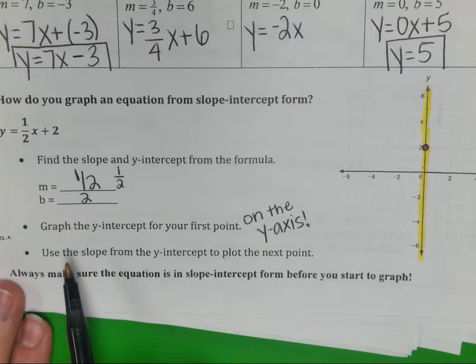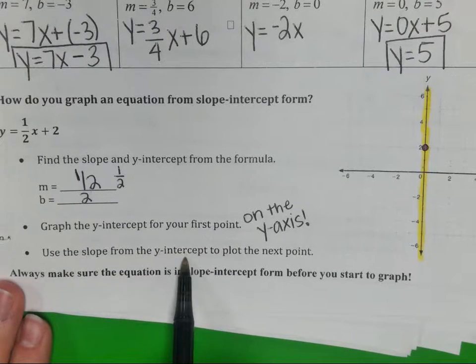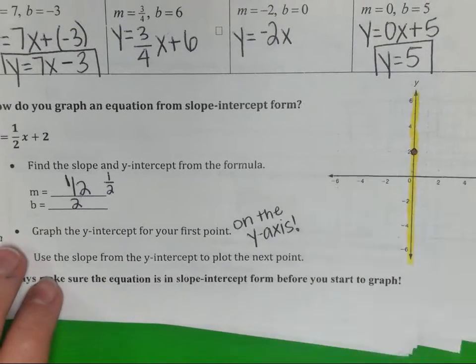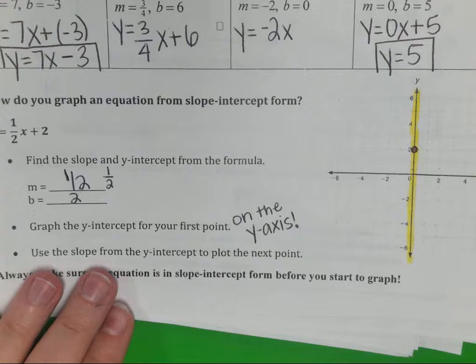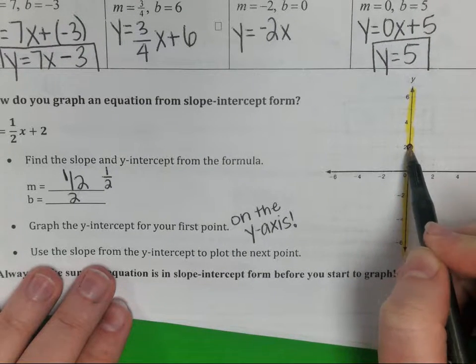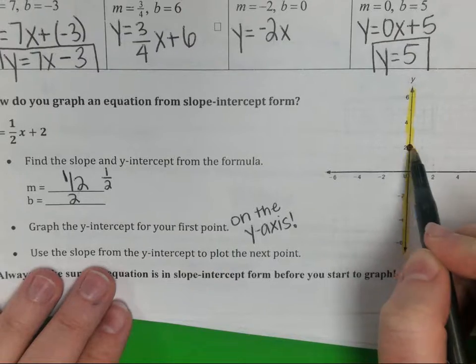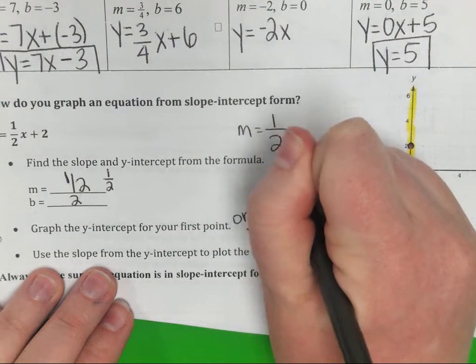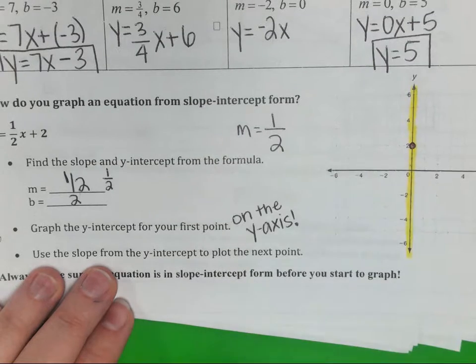Then we're going to use the slope from the y-intercept to plot our next point. So guys, slope is a movement. Slope is how our line moves. Our line has to go through this point here, so we want to move from this point here. So if our slope is equal to 1/2, 1 represents the what?